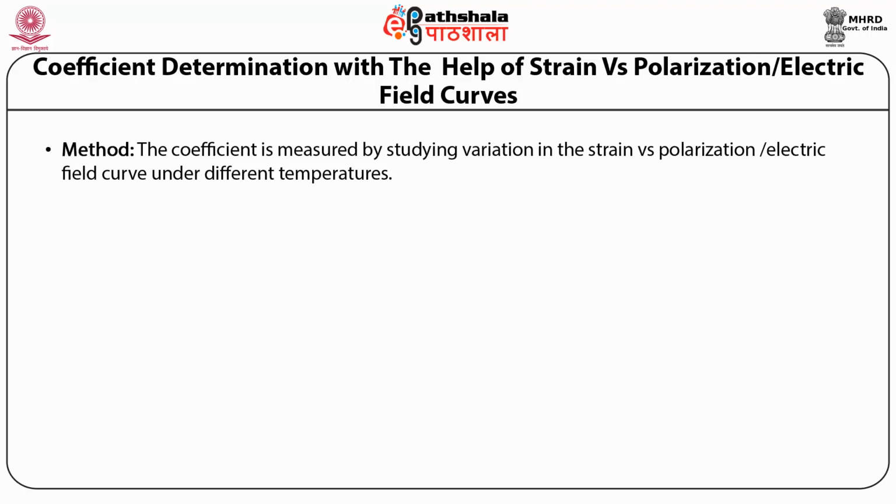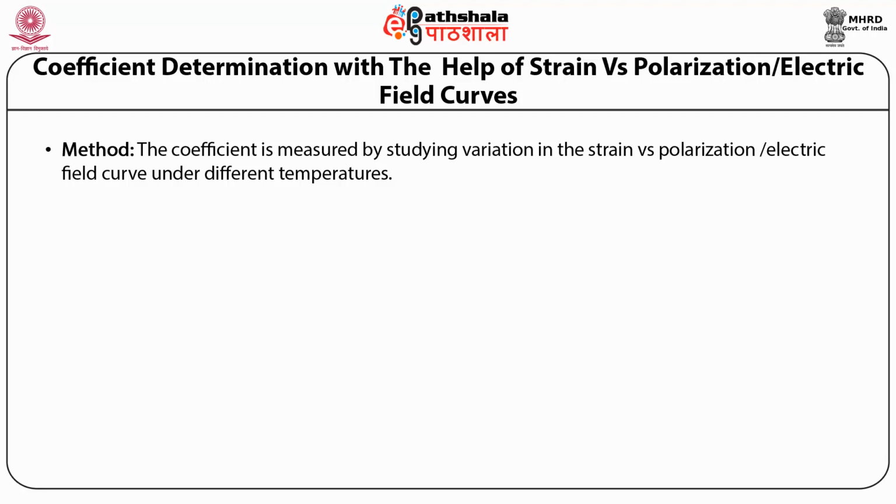So now let us start with the coefficient determination with the help of strain versus polarization or electric field curves. In this method, the electrostrictive coefficient is measured by analyzing the strain versus polarization or electric field curves. The equation, which we have already studied, xij equals Q P squared, forms the basis for such a measurement.